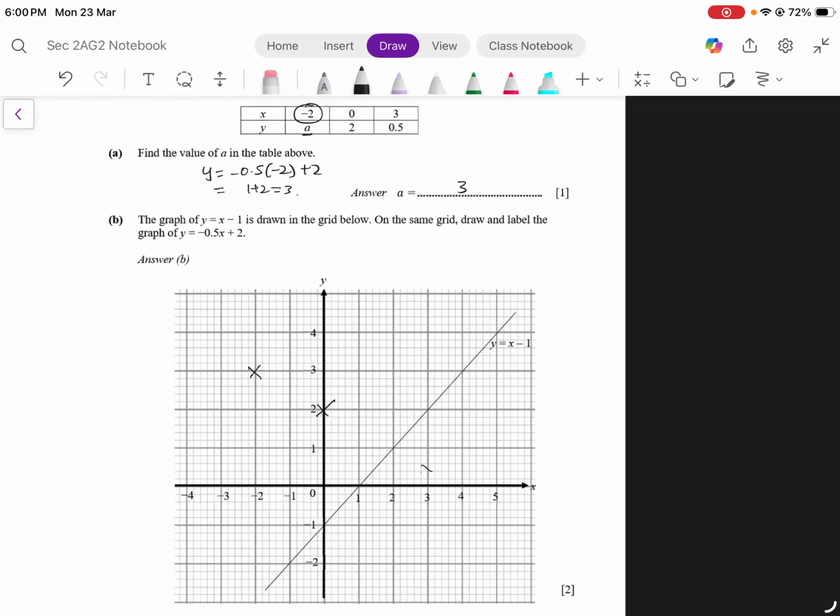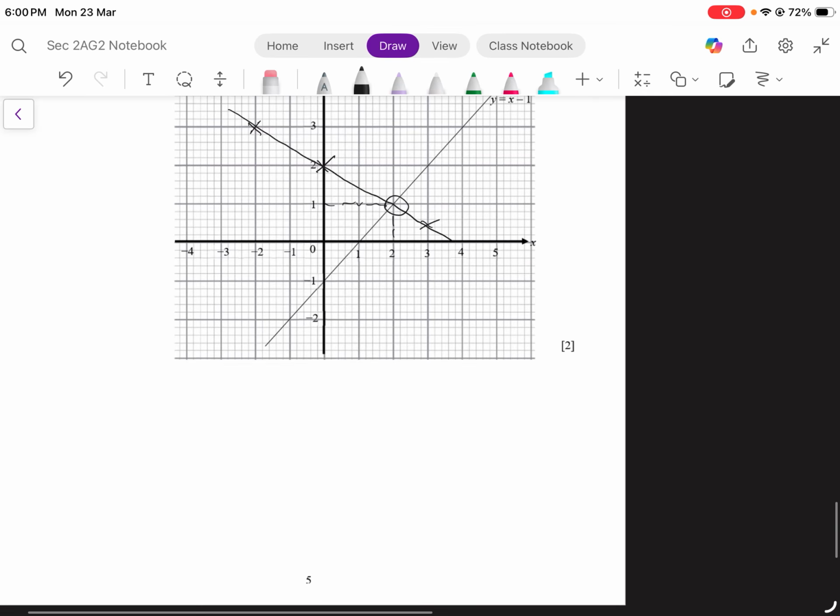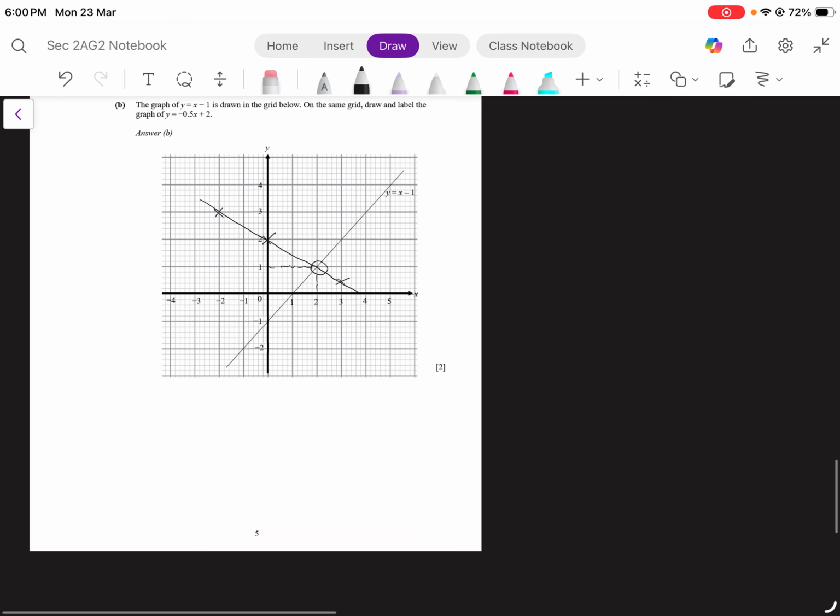If I draw a line here, it passes through this point, and this point is again x is 2, y is 1. Draw on the grid and label. I think I cut off the last question.